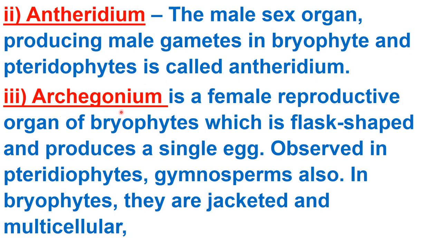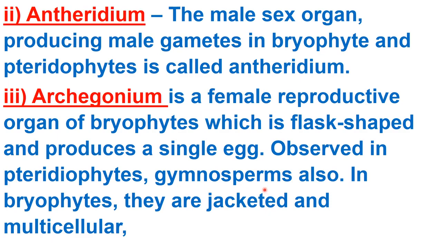Now Archegonium, that also you know. Archegonium is the female reproductive organ, in bryophytes as well as in pteridophytes. The female reproductive organ of bryophyte is flask shaped and produces a single egg. Inside the Archegonium a single egg is produced. It is observed in pteridophytes also, and also in gymnosperms.